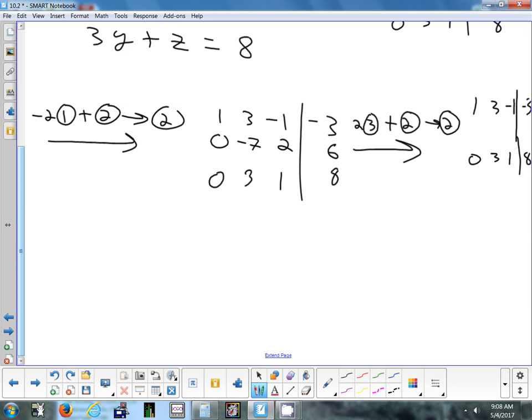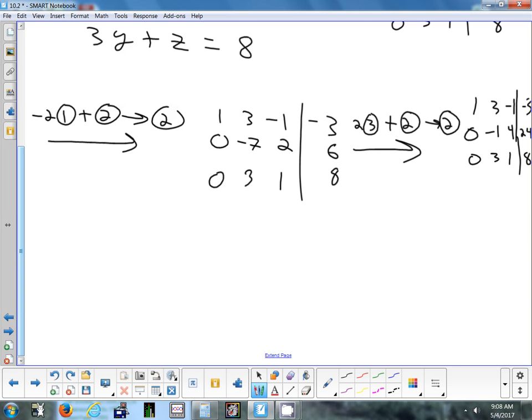Now we're going to double everything in row 3 and add it to row 2. 0 times 2 plus 0. 3 times 2 is 6, minus 7. That's pretty good. 1 times 2 plus 2 is 4. 8 times 2 is 16, plus 6.